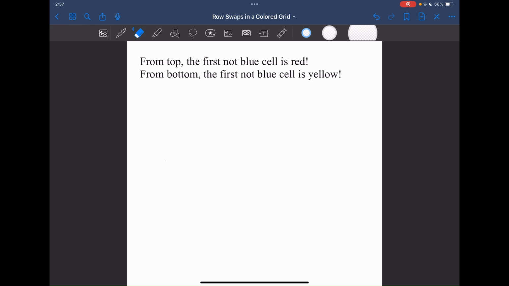So we have shown that from top, the first not blue cell is red, and also from bottom, the first not blue cell is yellow.